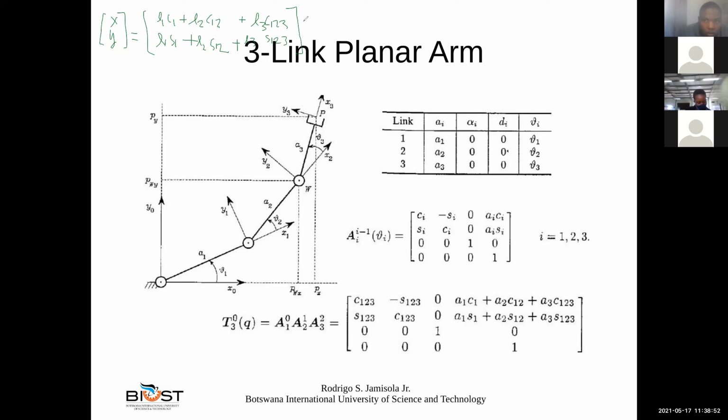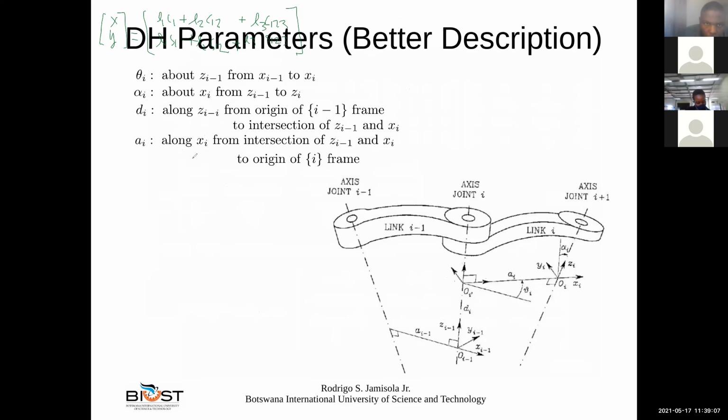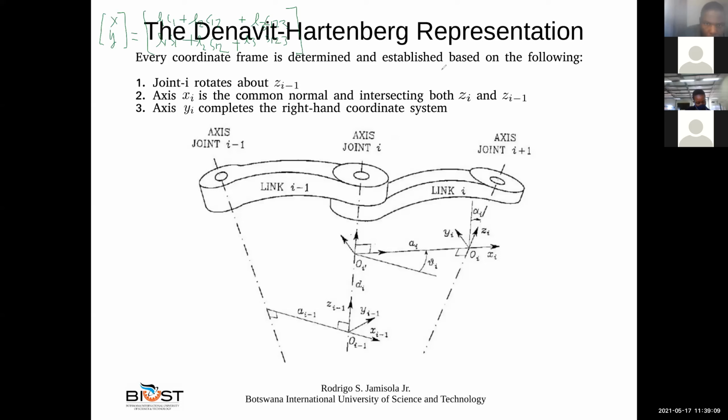So now let's see what the DH convention says. First, into assignment, let's go back. Before we can get the DH parameters, we get the frame assignment first. So joint I rotates about Z_i-1. Let's do that.